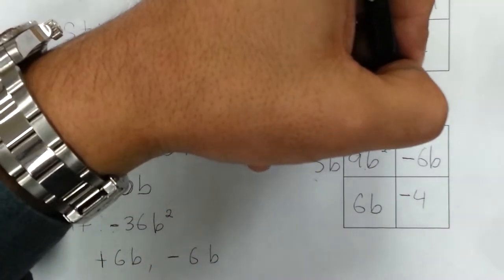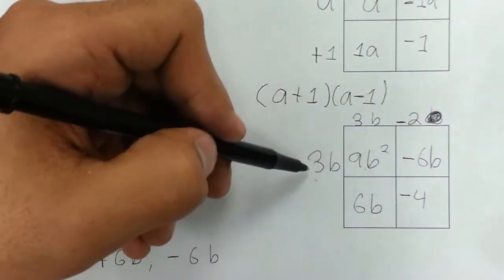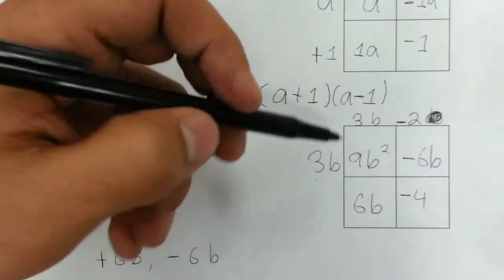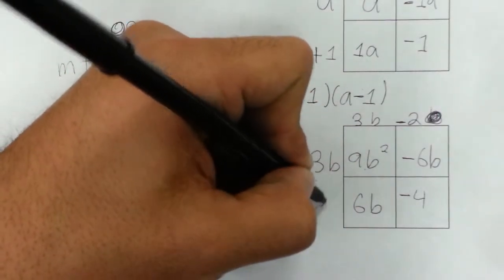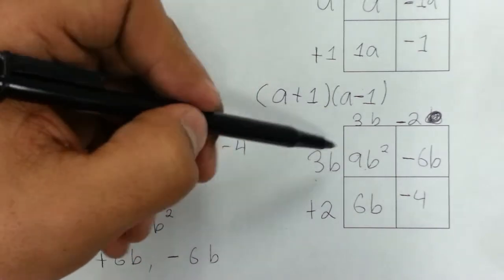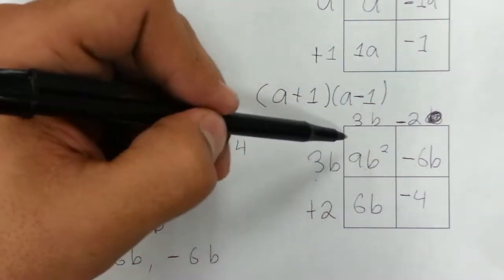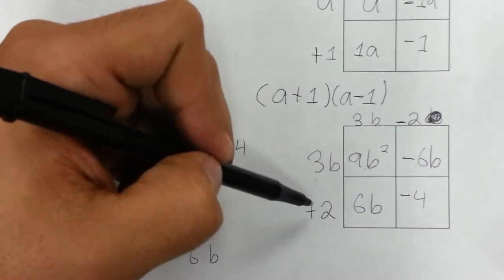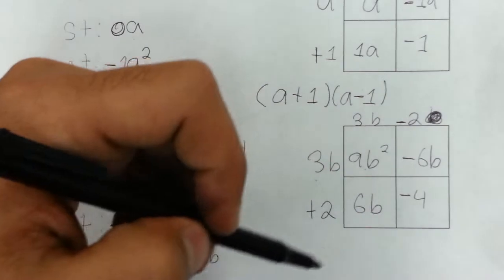So I'll try negative 2. A negative 2 times a 3b, negative 2 times 3, negative 6b, and then there's my b. 1 times 3b would give me 6b, and positive 2. Now look, we've got 3b times 3b, 9b squared. 3b times negative 2, negative 6b. 3b times positive 2 is 6b, and a positive 2 times a negative 2 gives me a negative 4.